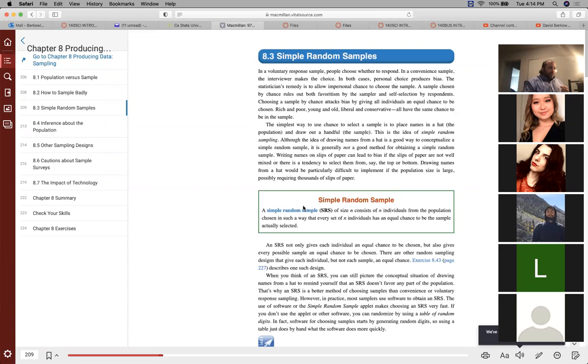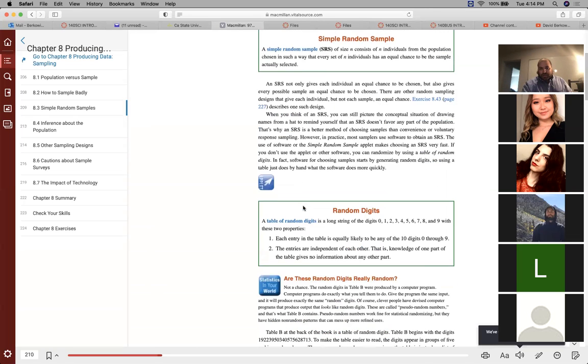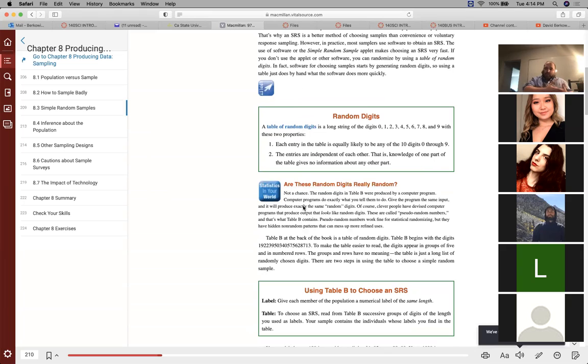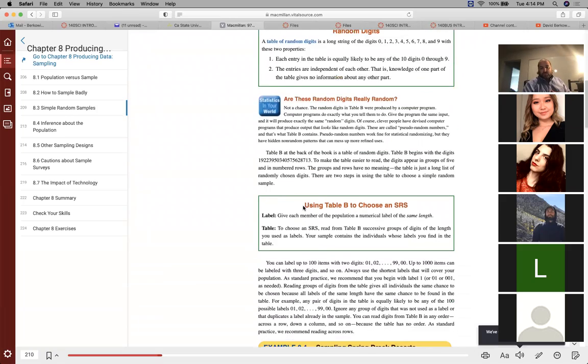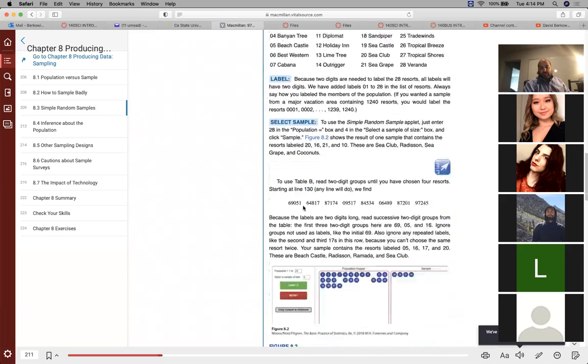If it's truly a simple random sample, any 5 should be as equally likely to be chosen as any other 5. Human beings cannot do a true simple random sample. It must be done by computers or by picking names out of a hat or something like that. Random digits is another way of creating a simple random sample because the random digits are purely random. We talked about that. It's a wonderful way of getting a simple random sample.